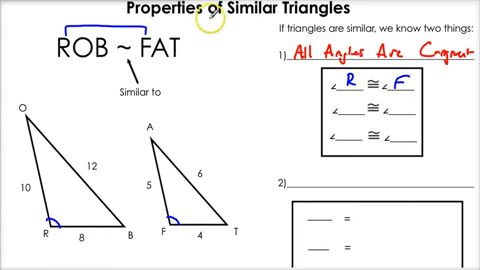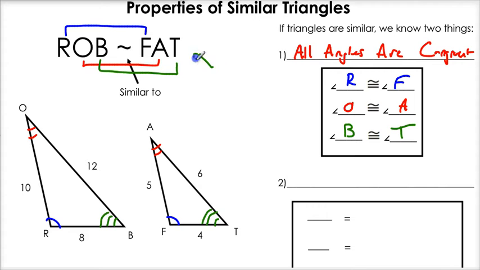We know O is congruent to A. This is just like in congruent triangles. The order of these statements matters. And we know B is congruent to T. And we'll just mark that over here. So remember, just like we did in congruent triangles, the order matters in these statements.